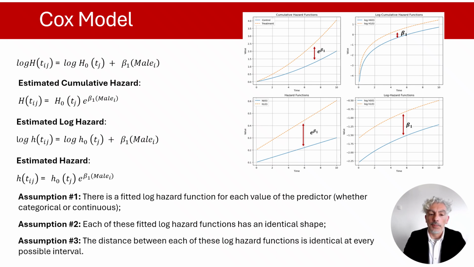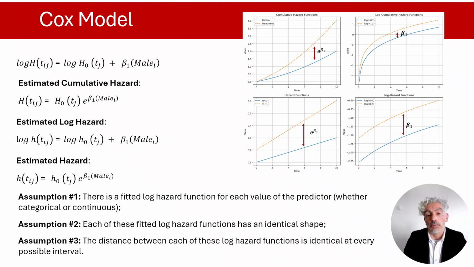And probably these properties of the model can help highlight three of the key assumptions. The first one is that there is a fitted log hazard function for each value of the predictor, whether it's categorical or continuous.